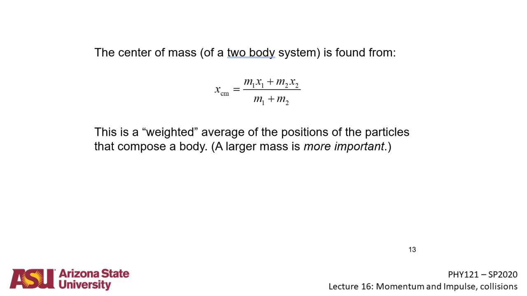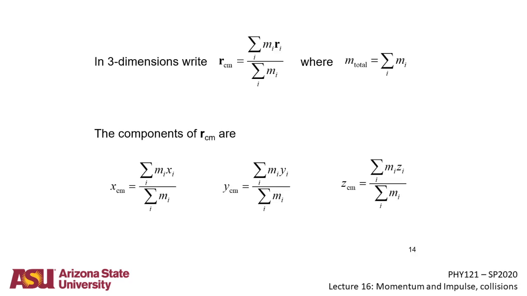So a larger mass is more important. In 3 dimensions, we write the center of mass as the weighted sum of the position vectors, where the total mass is in the denominator. Okay? And so the center of mass has x, y, and z components. And so for 2 bodies, you can think of this as essentially the weighted components. Let me give you an example for 2 bodies in 2 dimensions so that you can see what I'm talking about here.